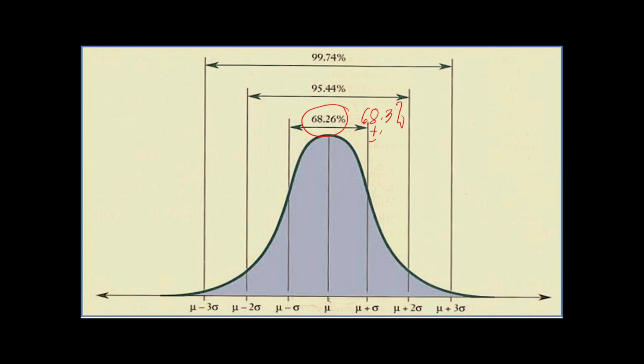So this is your plus minus 1 SD. Most of the area, which is 95.4% under the normal curve, is between your plus minus 2 SD. And then almost all of the area, around 99.7% under the normal curve, is between your plus minus 3 SD.